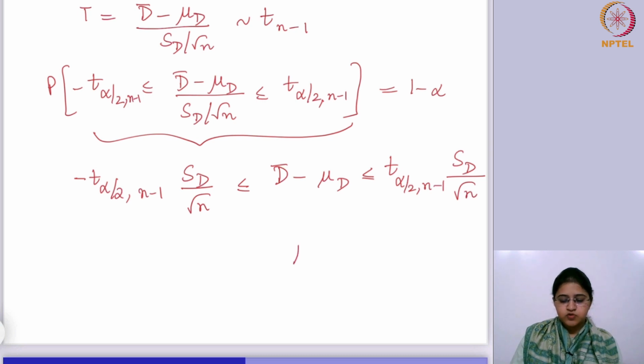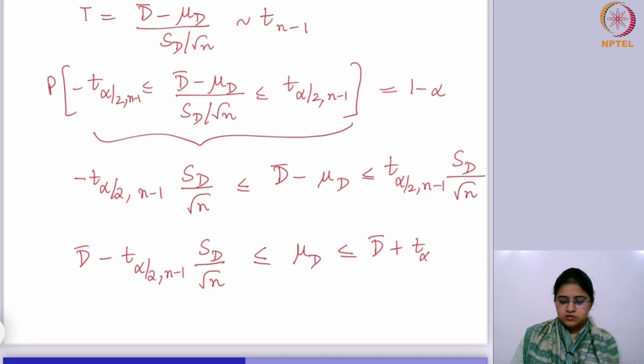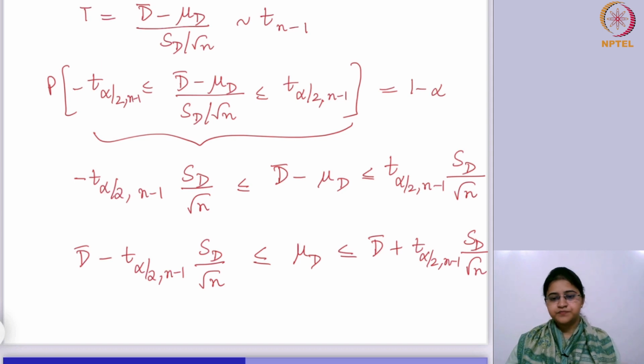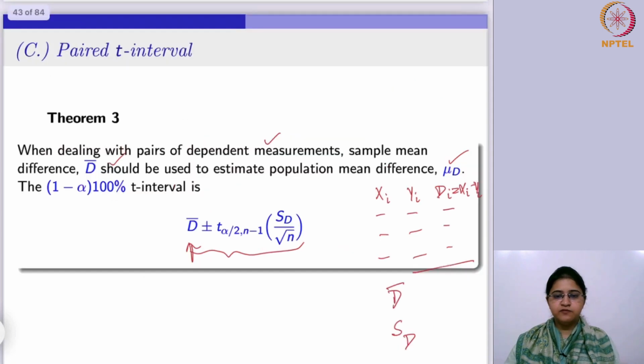So finally, if you solve for mu D, because that is your parameter of interest, this side would be D bar minus T alpha by 2 at n minus 1 times SD by root n, and this side would be D bar plus T alpha by 2 at n minus 1 times SD by root n. And this is the interval that we wanted, D bar plus minus this.